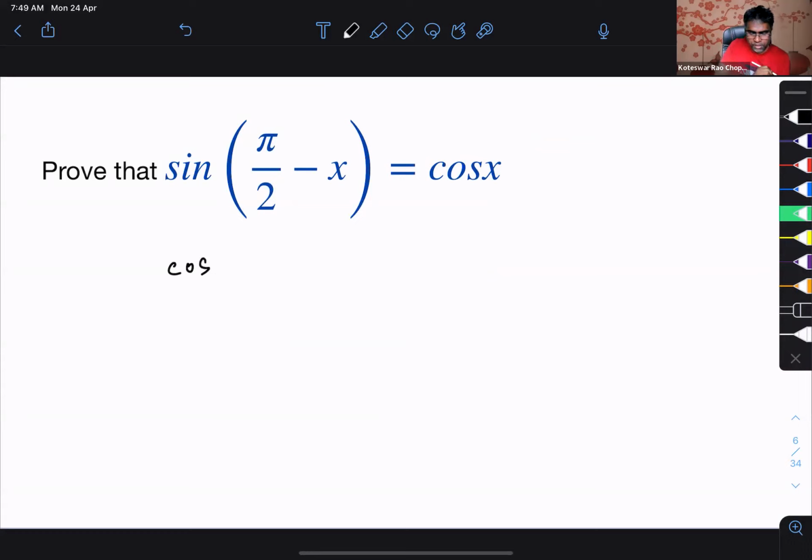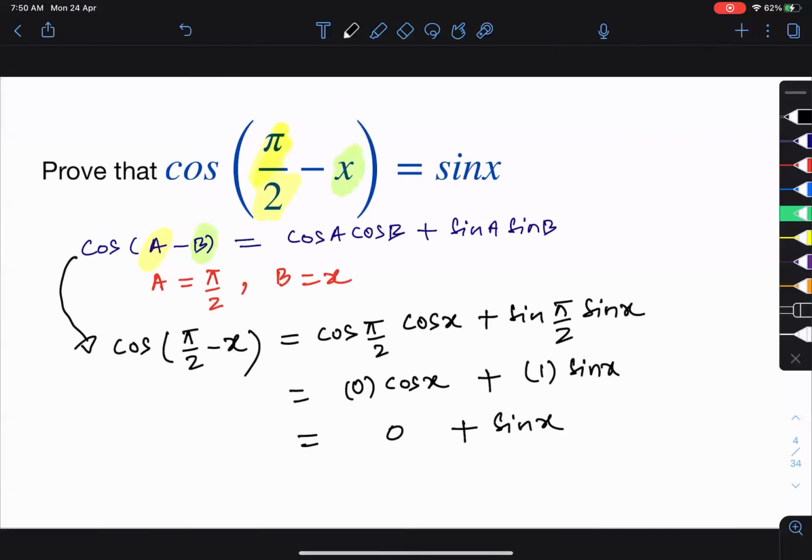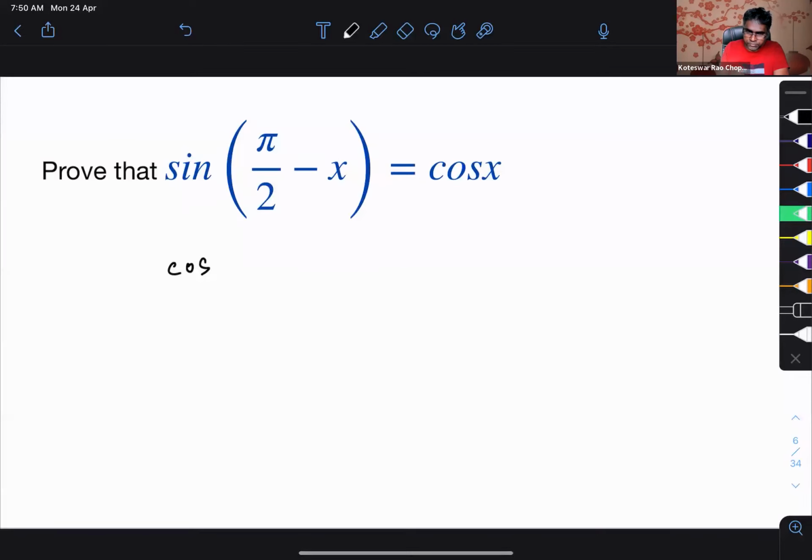Because I know only cos of pi by 2 minus x. Now, look at the result here, so we have cos of pi by 2 minus x. So let's use that. Cos of pi by 2 minus x we know.